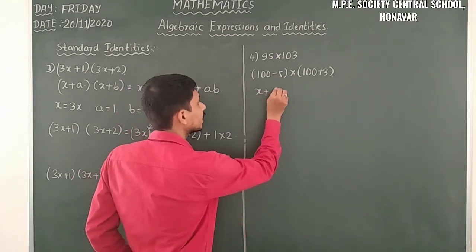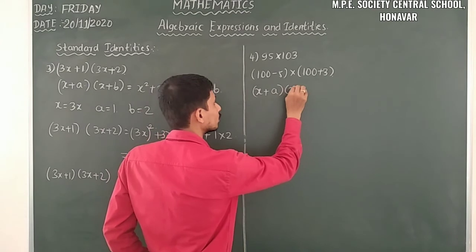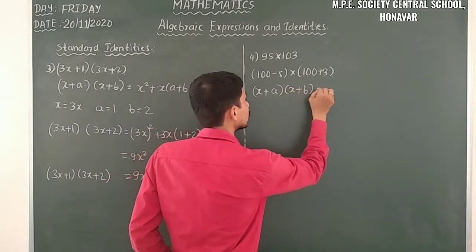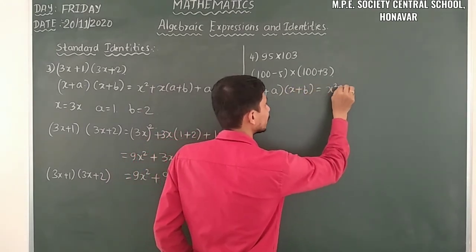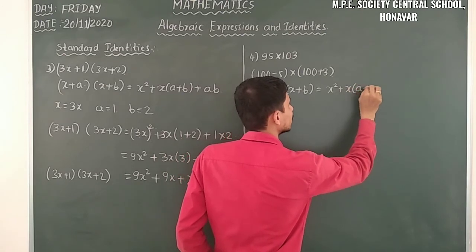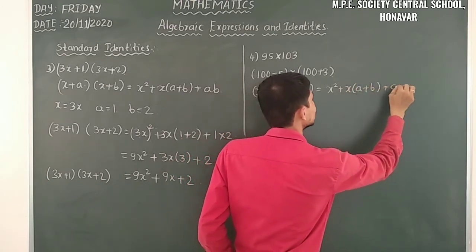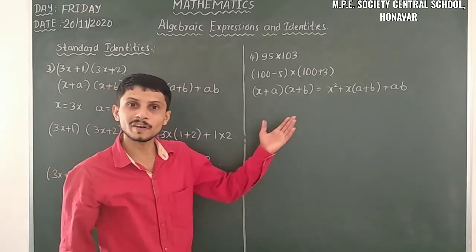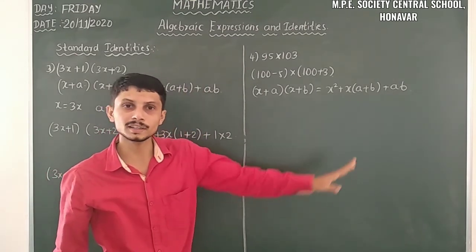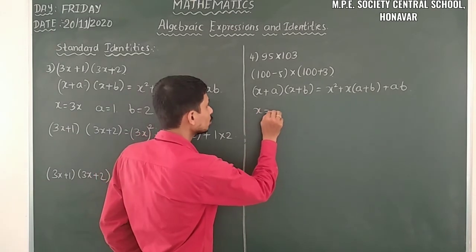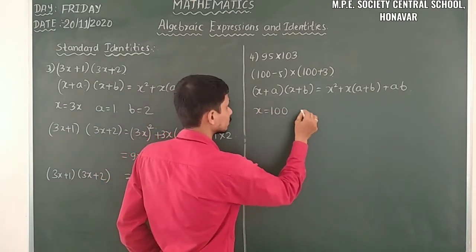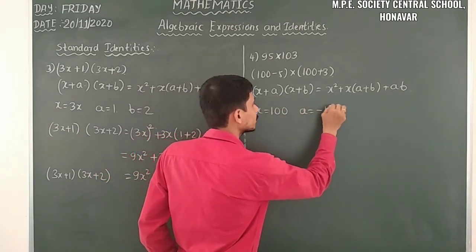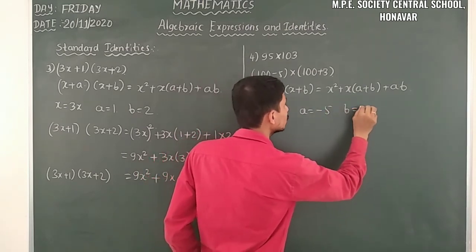Here, let us take the identity x plus a into x plus b is equal to x square plus x into a plus b plus ab. So what's the value of x, a, b? We have to write here that x is equal to 100, a is equal to minus 5 and b is equal to 3.